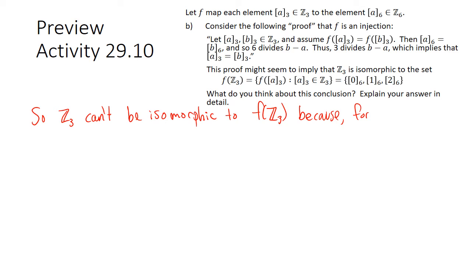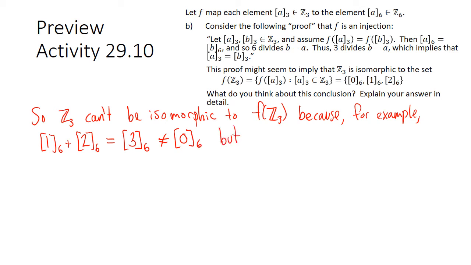For example, if we do 1 mod 6 plus 2 mod 6, that is equal to 3 mod 6, which is not the same as 0 mod 6.